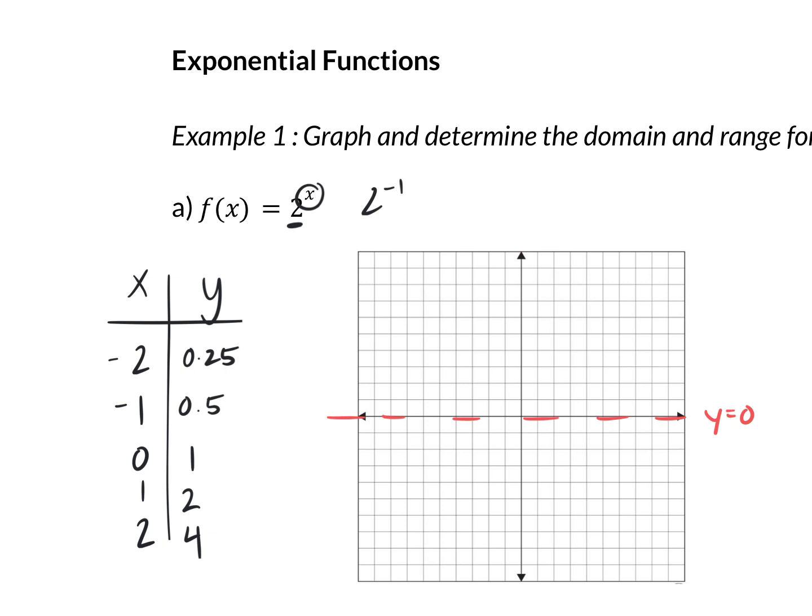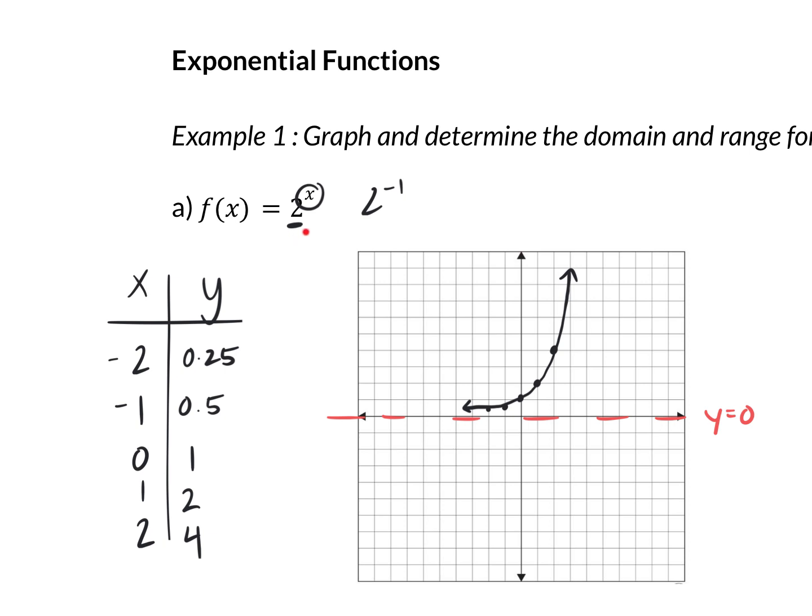And then I can just plot the rest of my points. And there we go. So we're growing pretty rapidly on the right-hand side, but we are getting really, really close to that horizontal asymptote there at 0, or the x-axis.